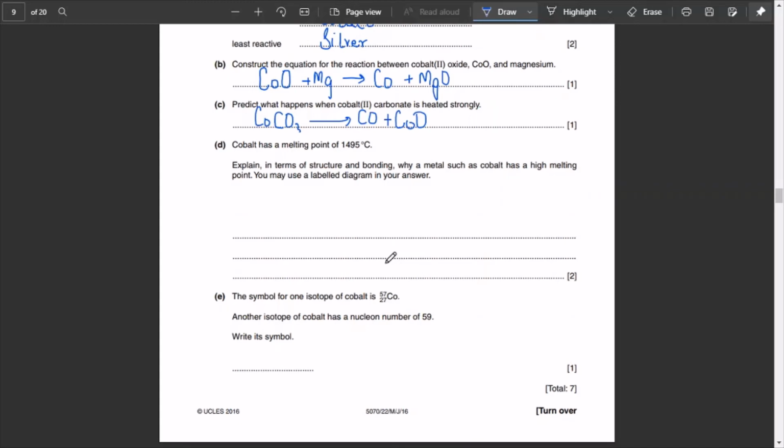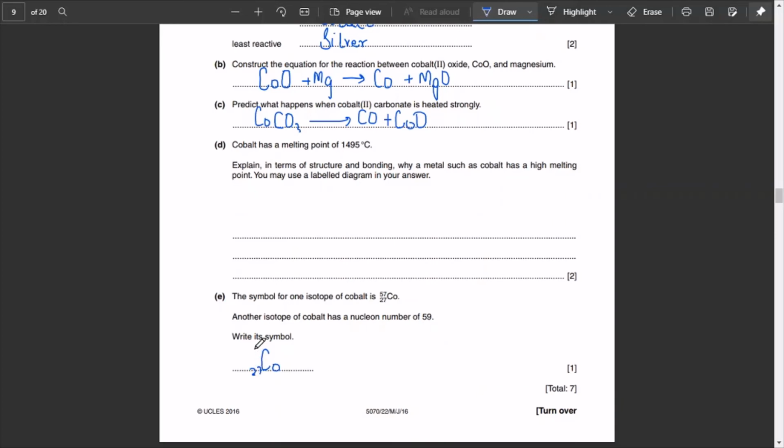Moving on to part E, the symbol for one of the isotopes of cobalt is Co-57, 27. Another isotope of cobalt has a nucleon number of 59. Write its symbol. So for this, because it's an isotope, that means the proton number is always going to remain the same.